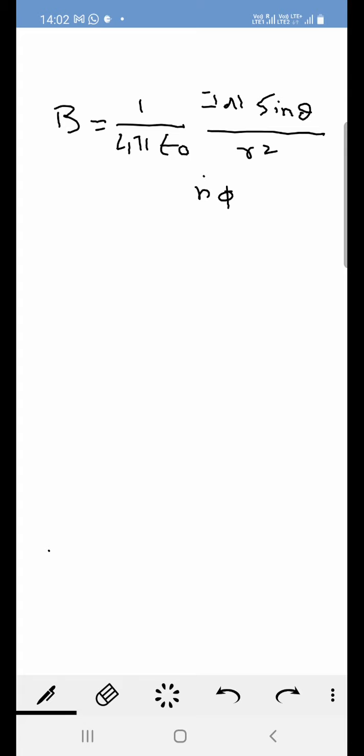Phi stands for the scalar potential, so we can include the value of scalar potential here, and this is the Biot-Savart law.